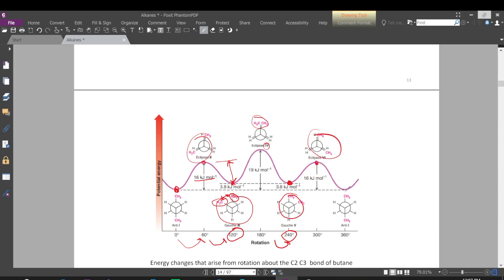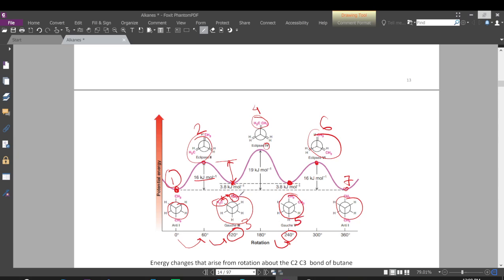And if we rotate a further 60 degrees, this forms the anti-conformation, which is the same as the first conformation. So 1 and 7 are the same, 2 and 6 are the same, and 3 and 5 are the same, so 4 is different.